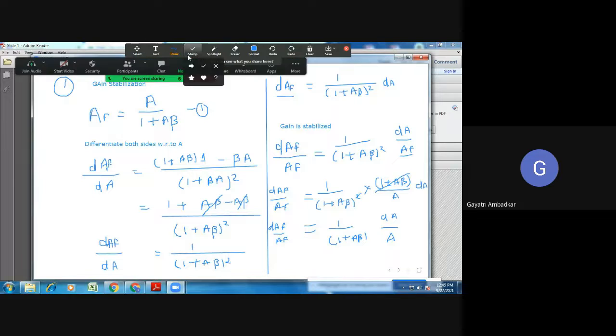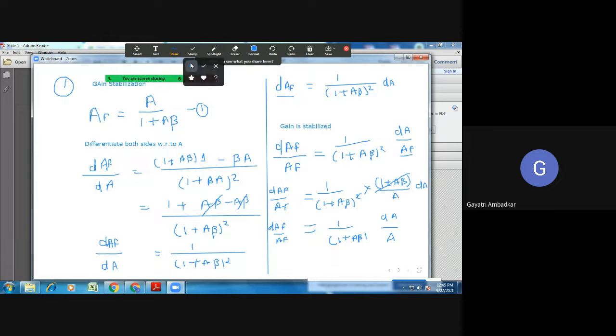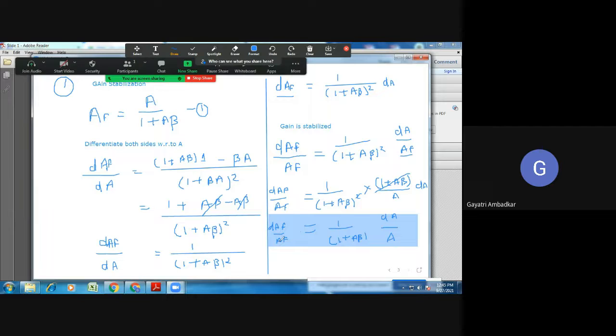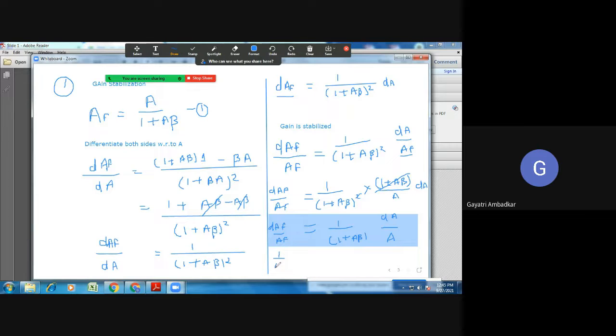Now from this equation, this term 1 upon 1 plus A beta is called sensitivity, or it is also called transfer gain.